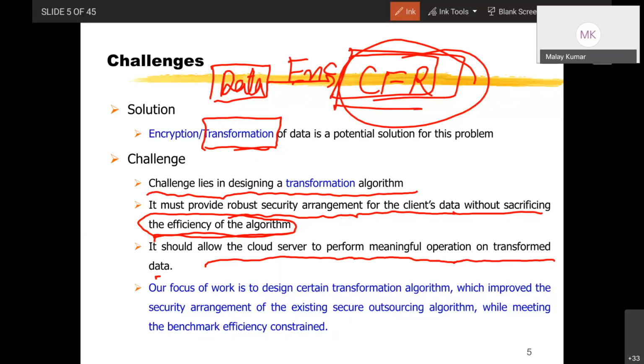So that is why, whenever you are designing a transformation algorithm, the security arrangements must be robust so that the cloud server is not able to steal the data, and it must also retain the efficiency of the algorithm. Further, it also allows the cloud server to perform meaningful operations.